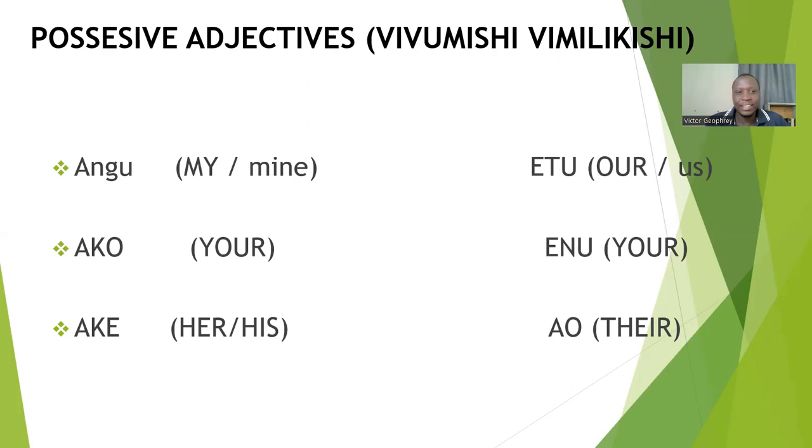So you see, it becomes wangu, wetu, wako, wenu, wake, wao, because we add the prefix w, and the reason is that the noun is in singular.